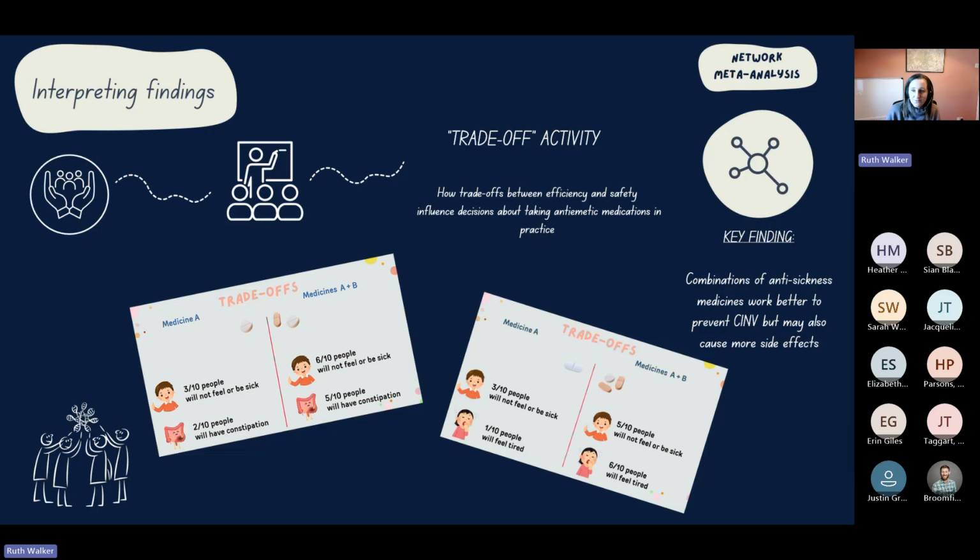Knowing this information, people would then choose whether they would have option A or option A plus B. And children and families just tended to pick a middle ground, something that would allow you to minimize the side effects but maximize the efficacy.